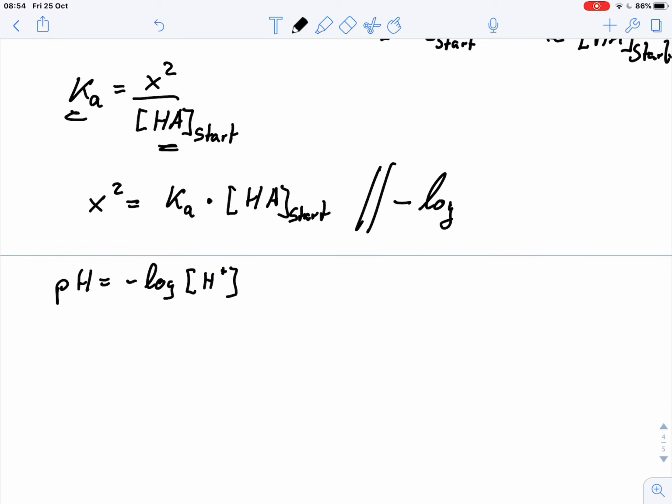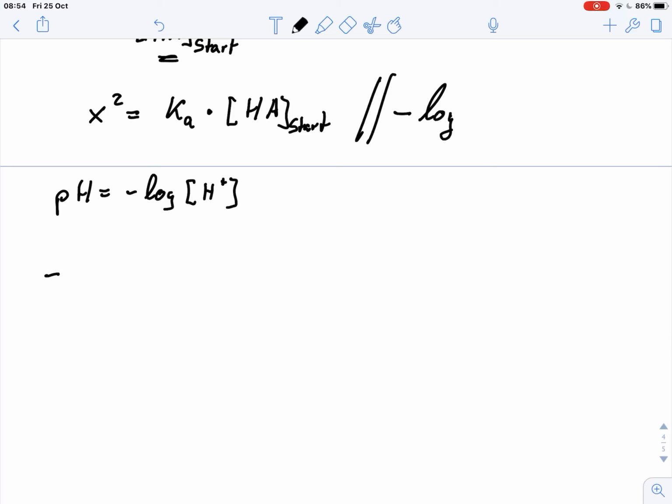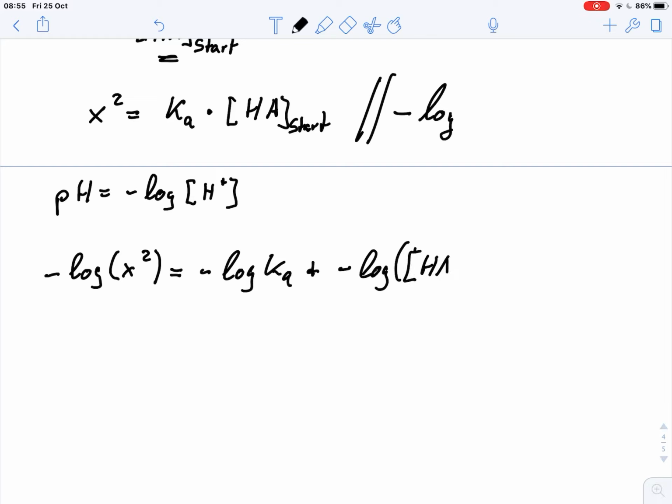And so we get negative log x squared equals negative log Ka plus negative log of our acid concentration, that's the starting concentration. Now, following the rules of logarithms, we get 2 times negative log proton concentration, that was our x, equals minus log Ka.